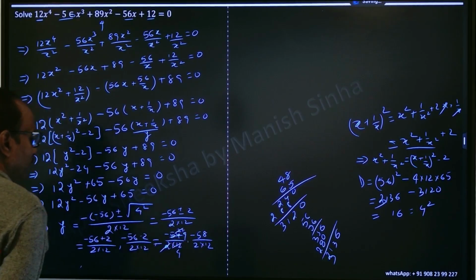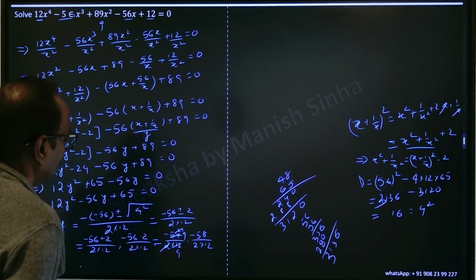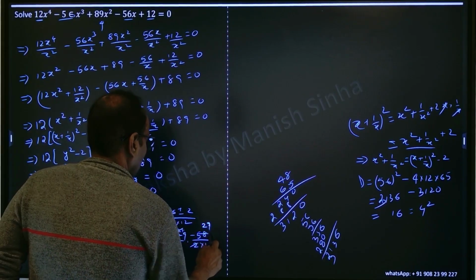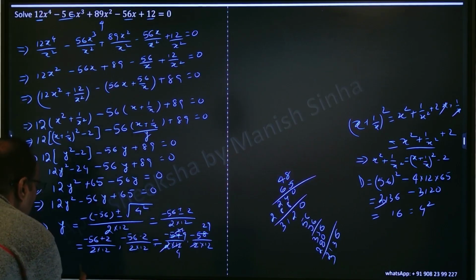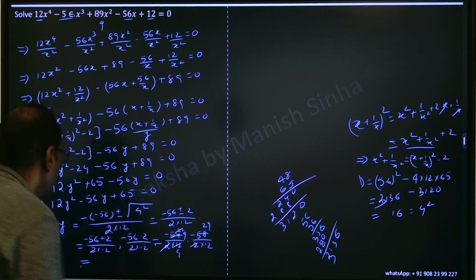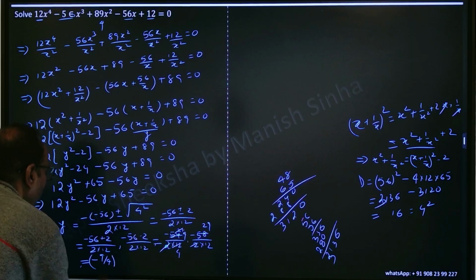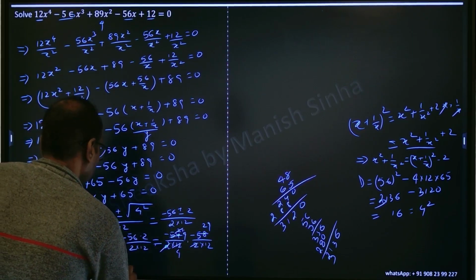So 9 by 4. First one is minus 9 by 4, and this one minus 29 by 12. So your y, first value is minus 9 by 4. Second value is minus 29 by 12.